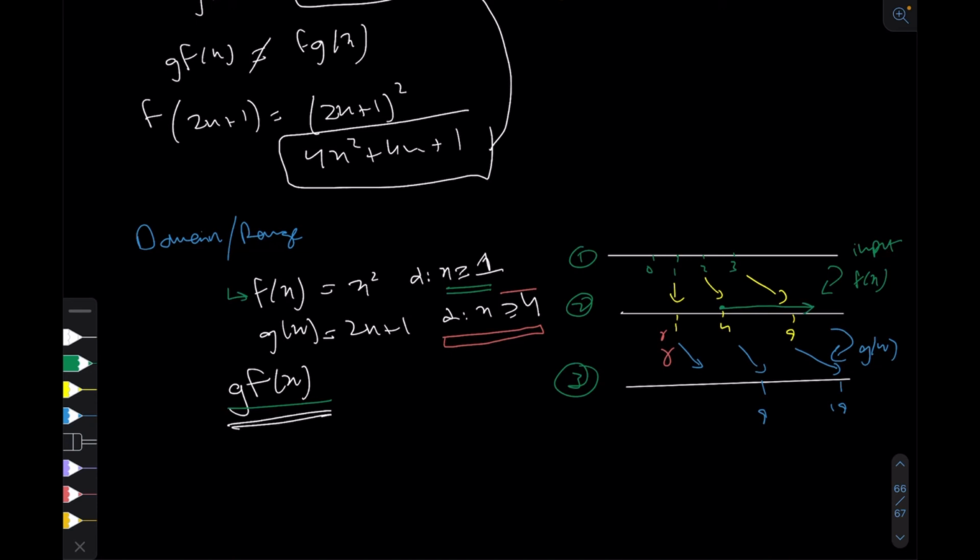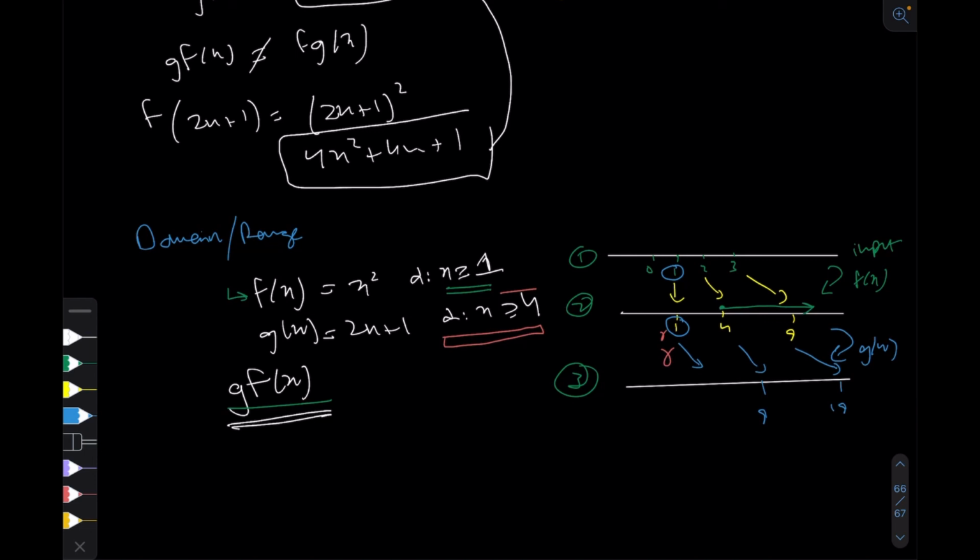So if I concentrate on this value 1, it was okay for 1 to be inputted into f of x because that's under its domain. But when you input 1 into f of x, it gives you an output that is not within the domain of g of x. It gives you an output such that you cannot input it into g of x, right?